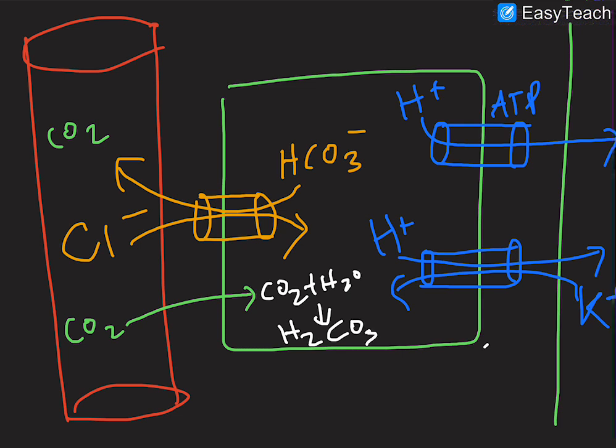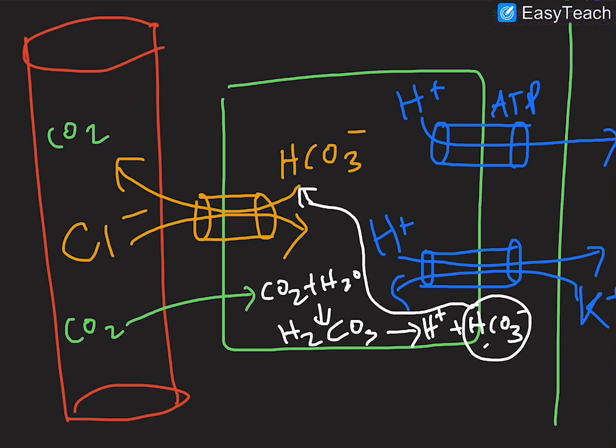Then we know that H2CO3, or carbonic acid, can break down into hydrogen protons and bicarb. This bicarb can then go into this channel, and this hydrogen proton can go into either one of these channels.